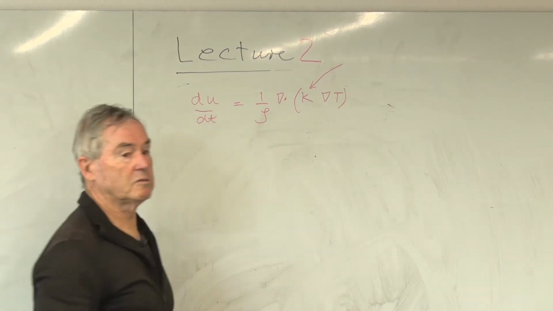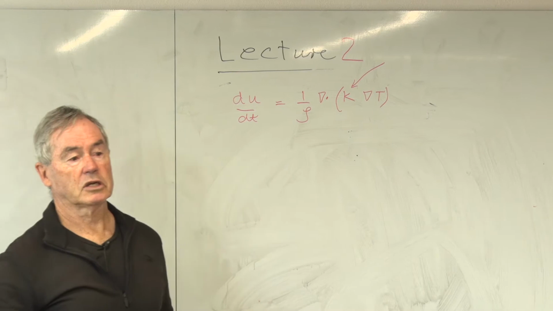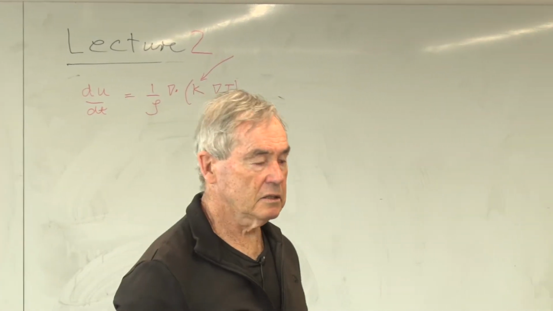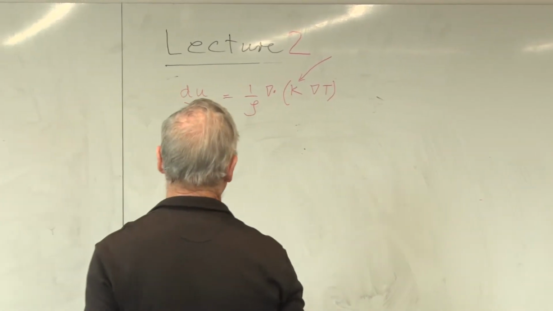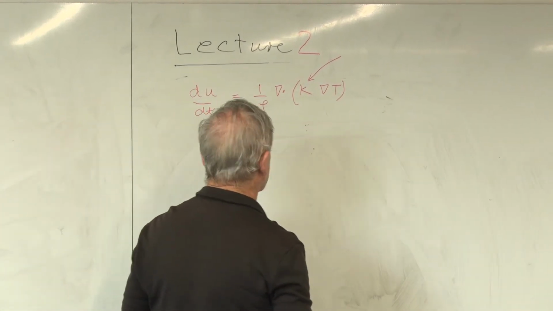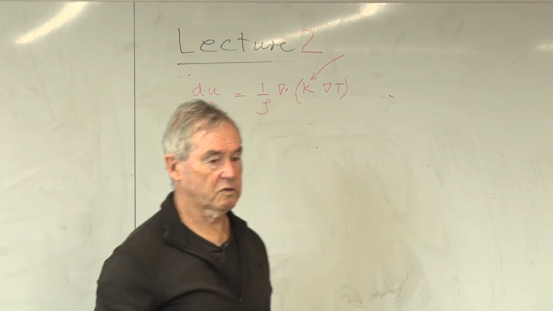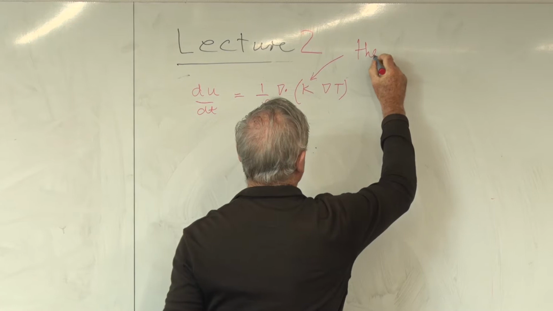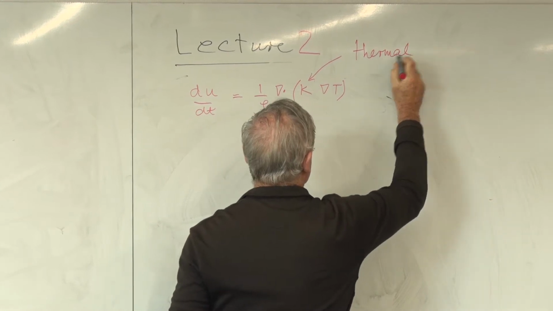This guy here is thermal conductivity, which I'm treating as a scalar. It's more difficult if it's a tensor, and it may be dependent upon the temperature. And if it's radiative transfer, you would have a similar sort of equation, but this term would be complicated. So I'll just write it down. Thermal conductivity.